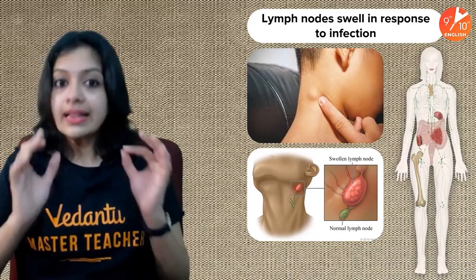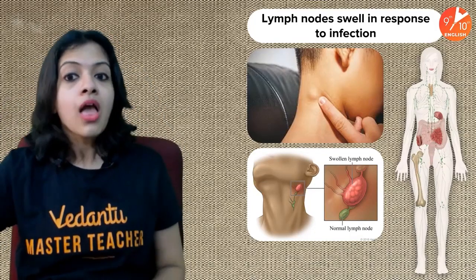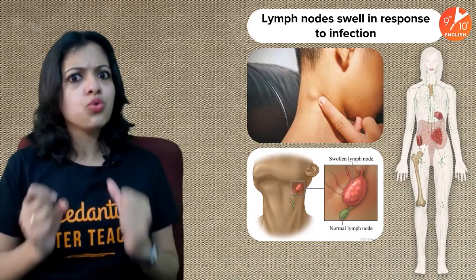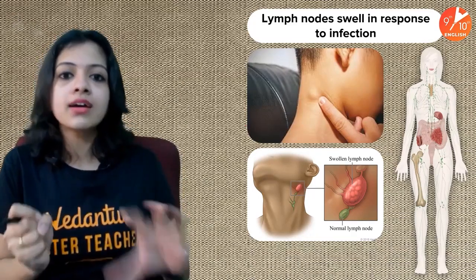This is important in terms of filtering also. So what do you think would happen when there is an infection? At the time of infection, because the lymph nodes, I told you, work very hard in immunity, killing a lot of pathogens.